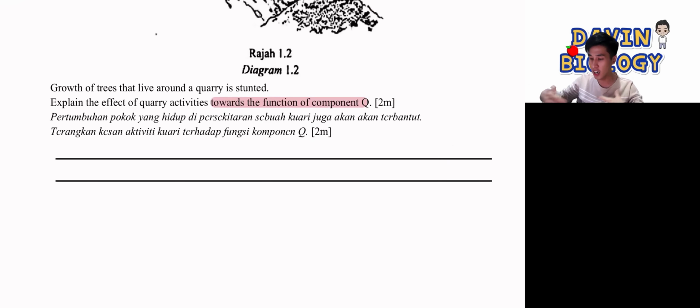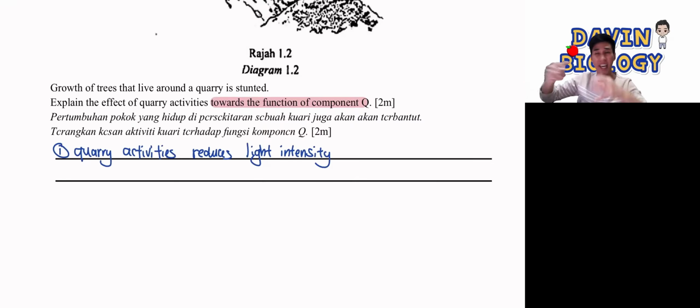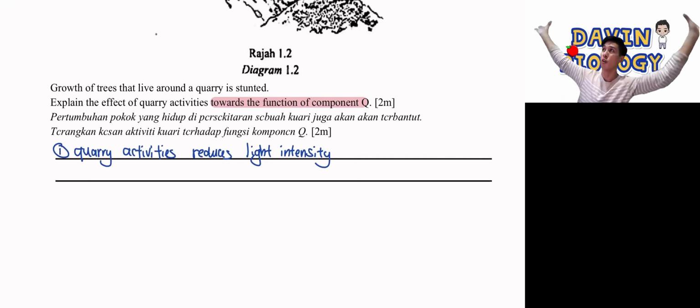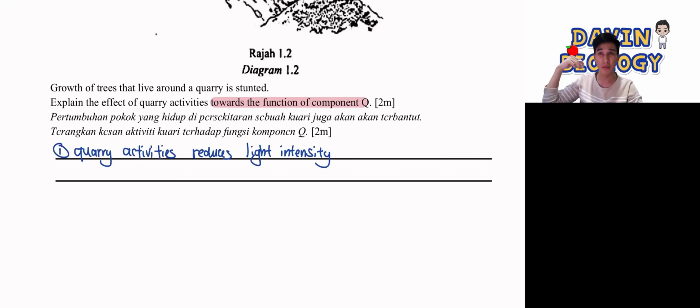So how does it affect the function of component Q? You can say the quarry activities or the air pollution reduces light intensity, because if there's a lot of dust in the air, the sunlight cannot pass through. Like when it's hazy, or your surroundings are very cloudy. They block the sunlight.